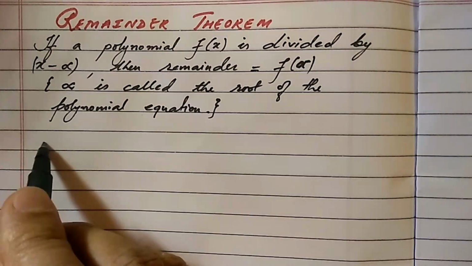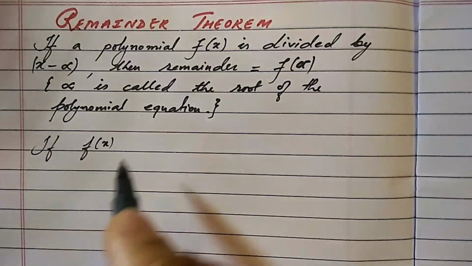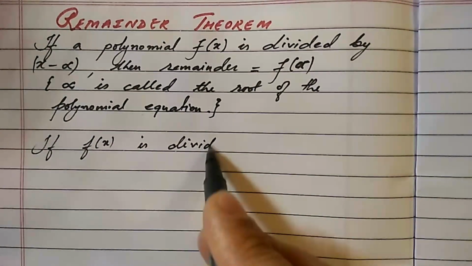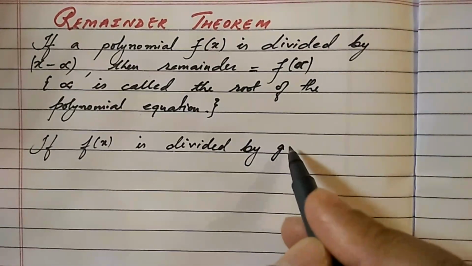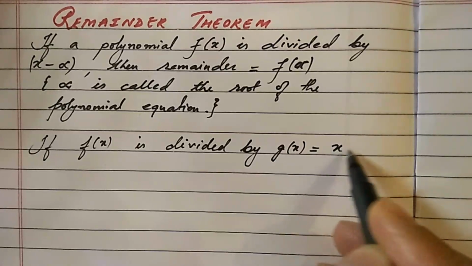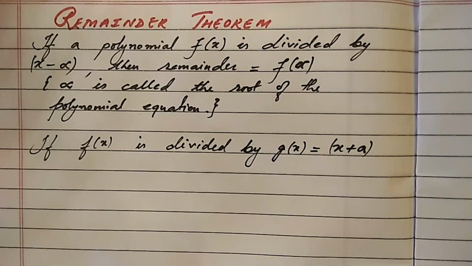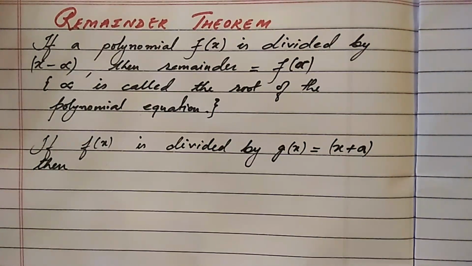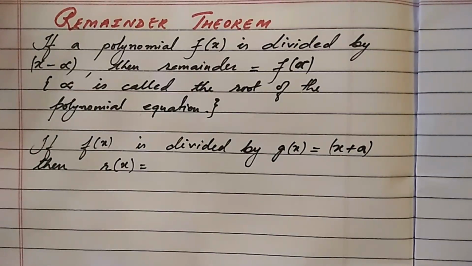For example, if f(x) is any polynomial which is divided by another polynomial, say g(x) equals x plus a, then we can obtain the remainder r(x) without actually dividing, by using the remainder theorem.